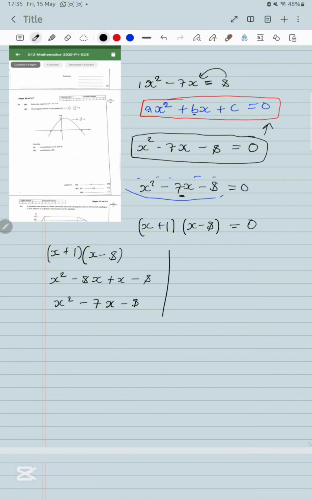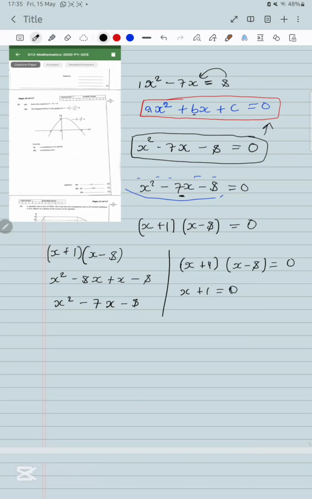So we have x plus 1 times x minus 8 is equal to 0. From here, we say the first part only: x plus 1 is equal to 0.